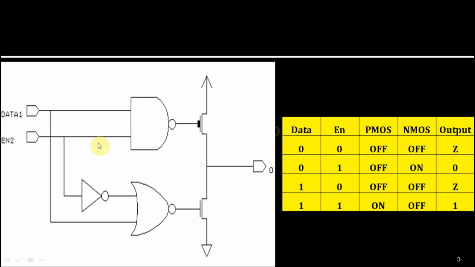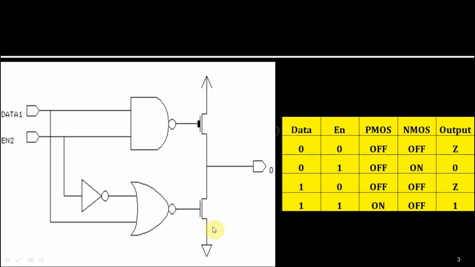Consider this circuit. The first transistor is a PMOS transistor, and this is an NMOS transistor. The PMOS transistor is switched on for logic 0. The NMOS transistor is switched on for logic 1. When the PMOS transistor is switched on, the output is directly connected to VCC, so the output is logic 1.